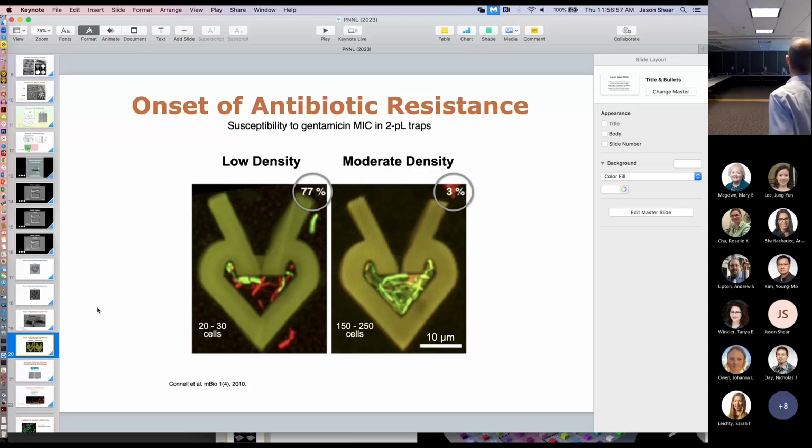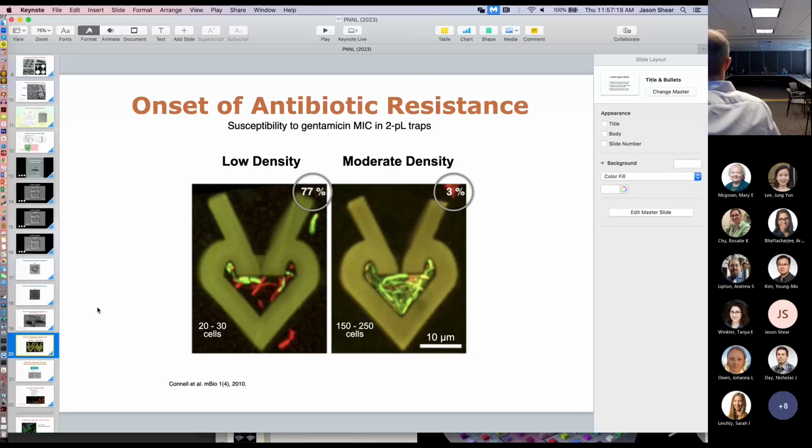And then she tested their susceptibility to gentamicin and used the concentration known as the minimum inhibitory concentration, basically the concentration that will kill cells with high efficiency in a flask. And then looked to see whether they survived or not, used a live dead stain.